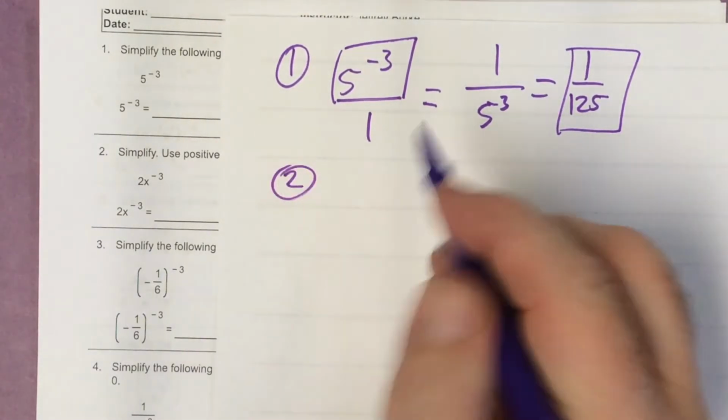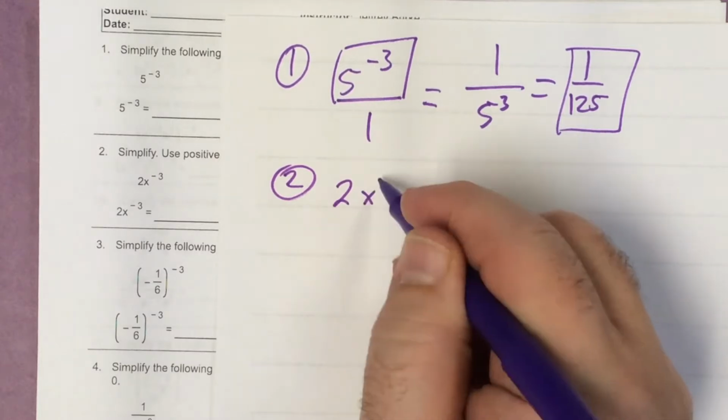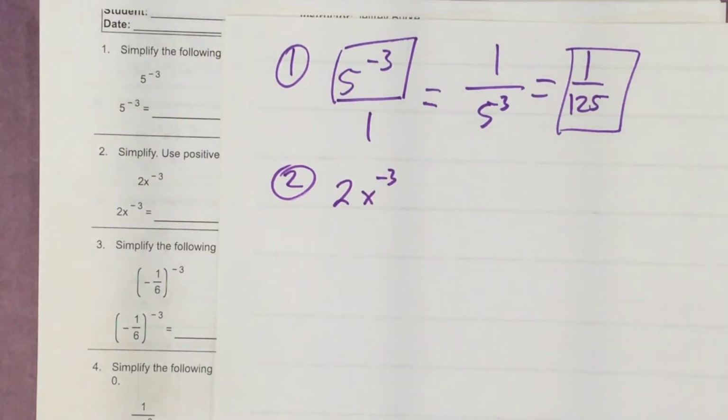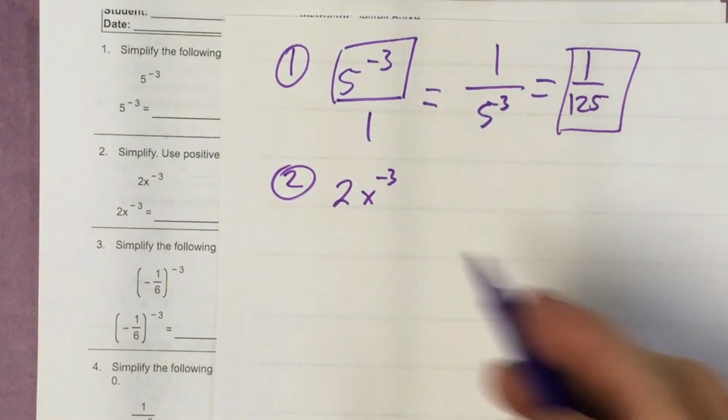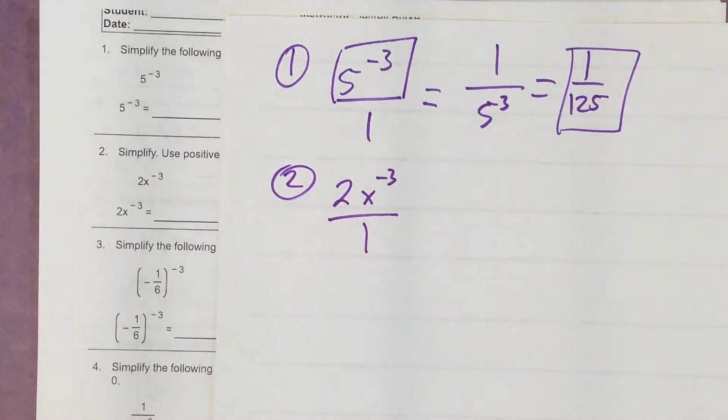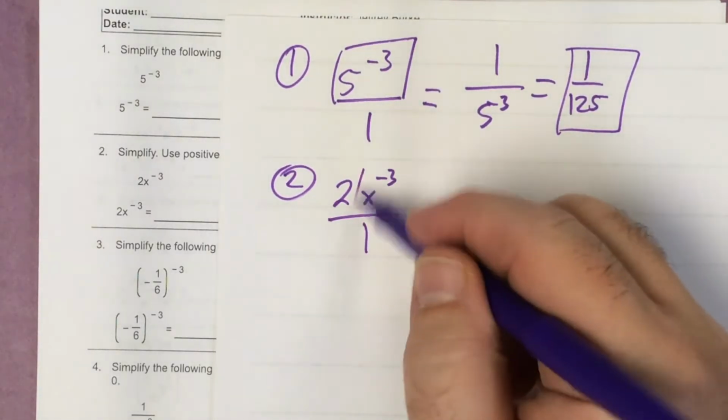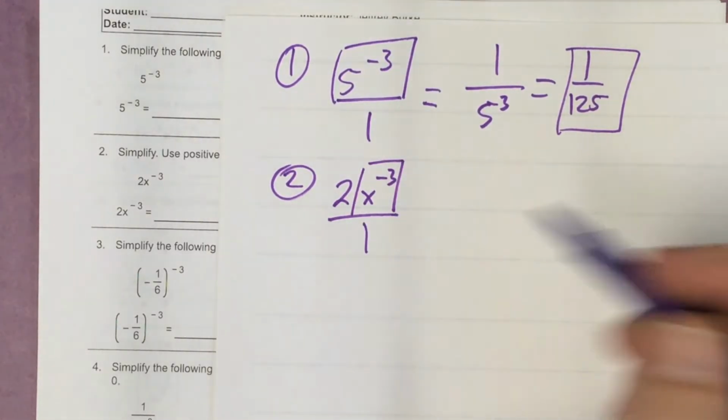Let's take a look at question 2 now. Here we have 2 times x to the negative 3. And here goes an example where we have a negative exponent on a variable where a calculator won't be of much help. So what you want to keep in mind is, what is the exponent acting on? A lot of times students will take this whole thing and move it, but in this case the exponent is only on the x.